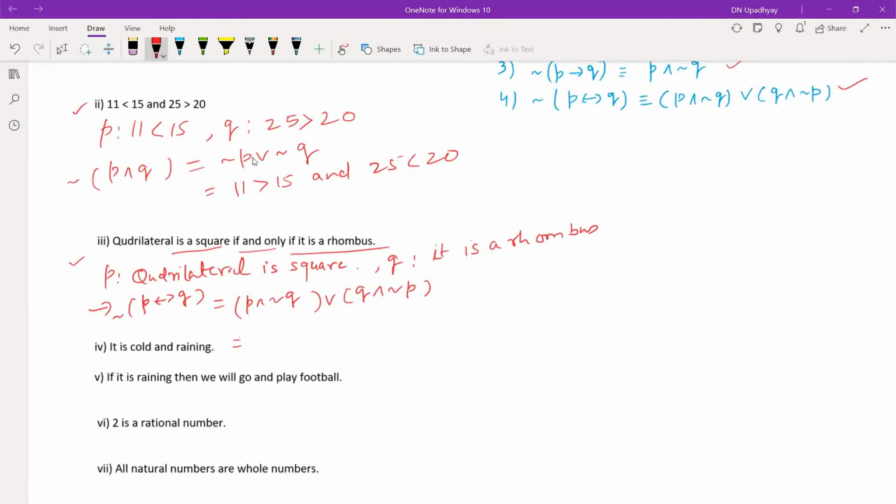So let us write in symbol statement wise. So this will be quadrilateral is a square, and there is sign and, so we can write but, it is not rhombus. It is not, because negation is there.